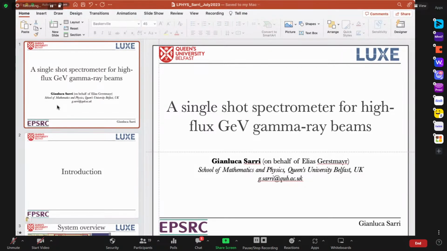Absolutely, yeah. So I've shown LPHYS' because that was the main motivator at the start to start developing a detector of this kind. What do you have to change? Yeah, so the more important thing is that the physical size of the spectrometer, the size of the magnets and everything else scales with the energy of the photons that you're looking at.